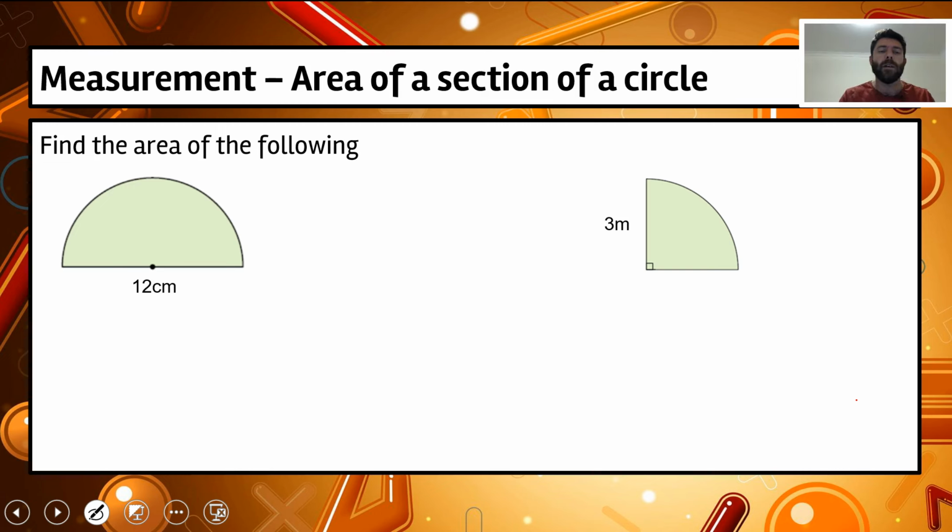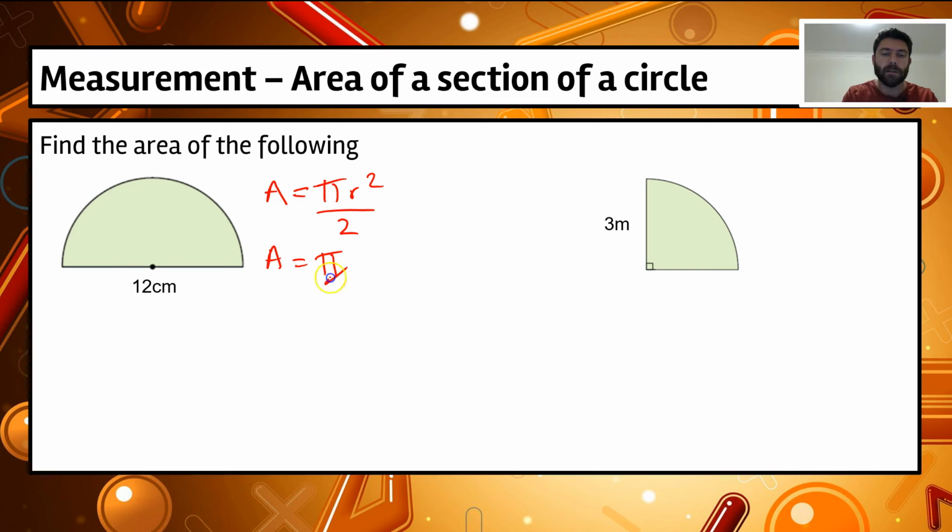Well, we've got a semicircle here. So the area is going to equal pi r squared divided by 2. Let's substitute now. Area equals pi. I'll erase that, because what we need to do is we've got the diameter equals 12 centimeters. Therefore the radius must equal half of that, which is 6. Now I need to substitute in. So the area equals pi times 6 squared divided by 2.